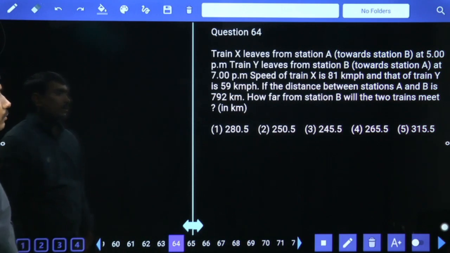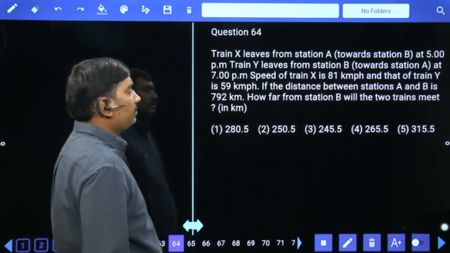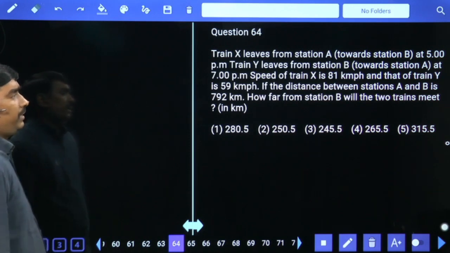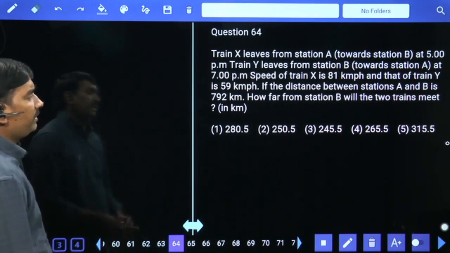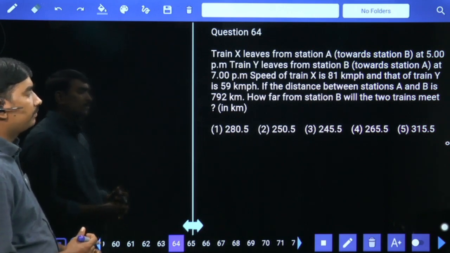Train X leaves from station A towards station B at 5 p.m. Train Y leaves from station B towards station A at 7 p.m. Speed of train X is 81 km per hour and that of train Y is 59 km per hour.